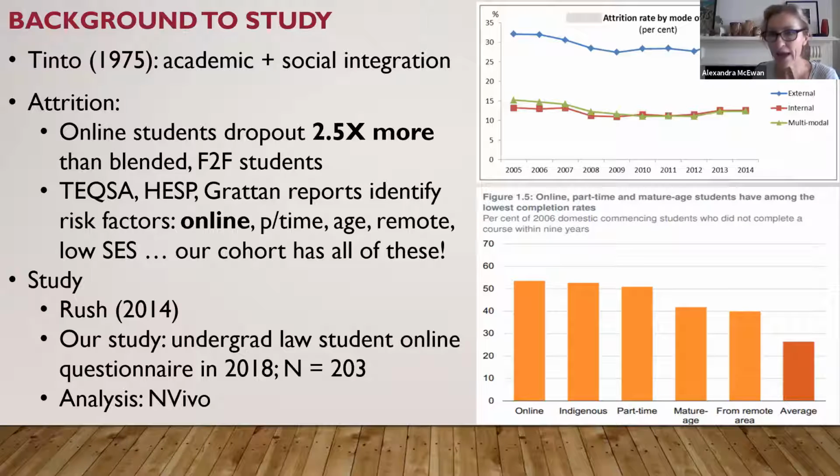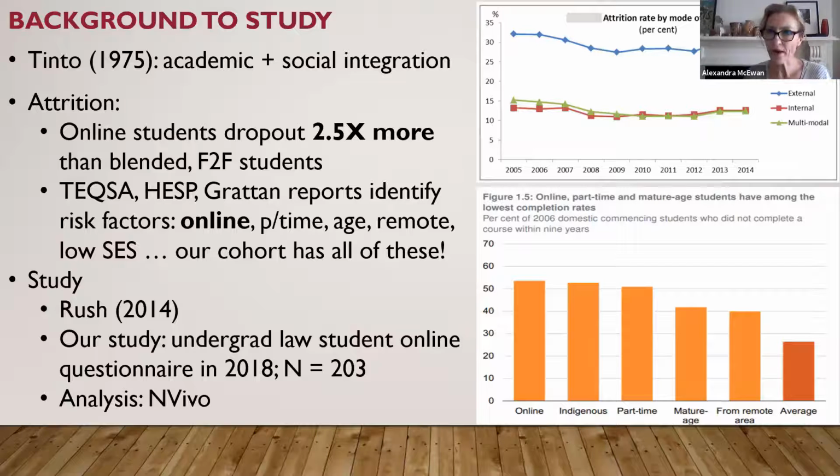About 66%, or two-thirds, of our CQU law students are part-time students, and more than 80% of them are working full-time, and three-quarters of them are mature age students. So as you can see, we have all the risk factors in our corner for student attrition, and obviously it's a priority issue for our discipline.